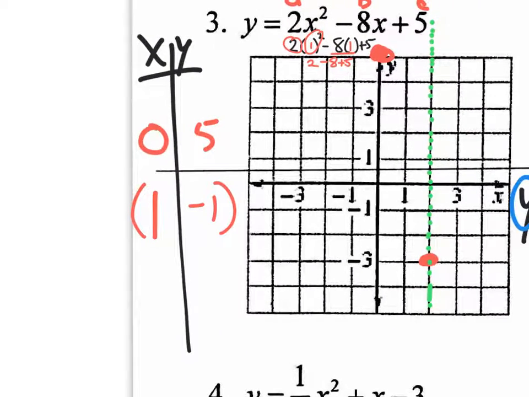So let's go to the graph and graph the coordinate 1, negative 1. We end up right here. And now we could actually map both of those coordinates to the other side of the axis of symmetry. So this top coordinate that's at the edge, it's 2 units away, right? 1, 2. Go 1, 2 this way and put a dot right there. The next coordinate is 1 unit away, so go 1 unit this way and put a dot right here.